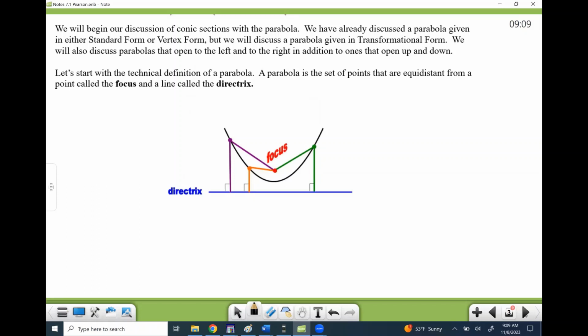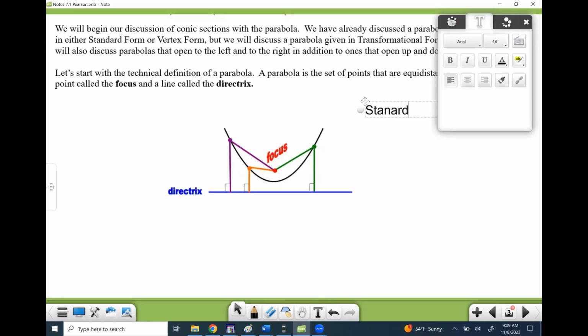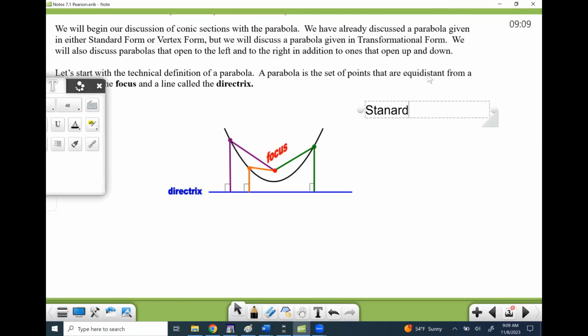So we're going to start in 7.1 with the parabola. Now, we've already talked about a parabola a lot, but this is going to be almost unrecognizable because when we talked about the parabolas before, we talked about standard form and vertex form. So let me just kind of remind you guys of those, so that way they're all straight in your mind.